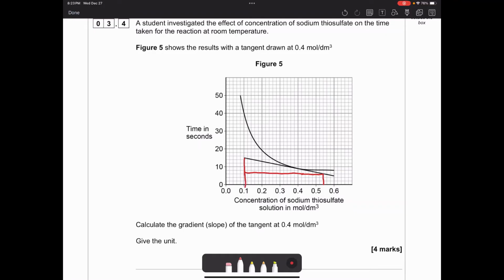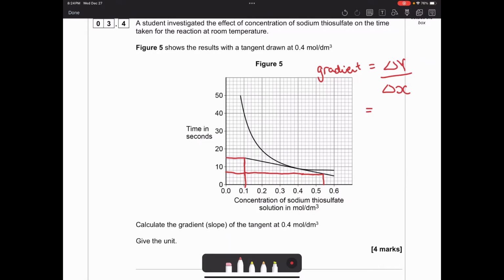It doesn't matter which points you use to make your triangle on your tangent, because if you've read off the right points from your graph, the gradient should be the same number. The gradient of the tangent is your change in y value divided by the change in x value. You guys would be using a ruler, making sure it's as accurate as possible. My line goes a bit wonky on the iPad.